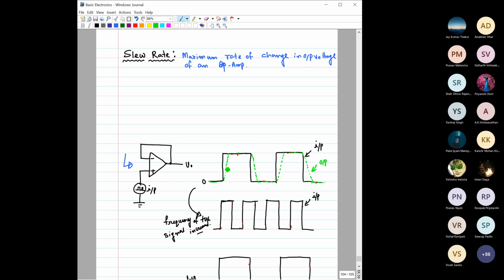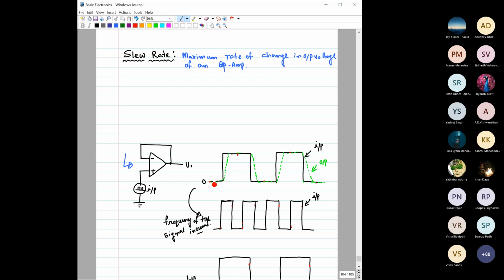Again, slew rate is defined as the maximum rate. Obviously this is not the maximum rate, we still have to define that. But say this is for a particular value of some internal capacitance. If this capacitance value increases, then what will happen?